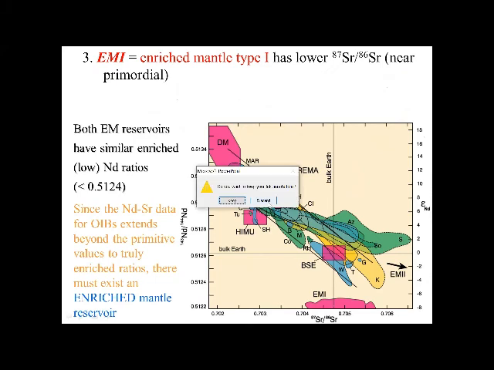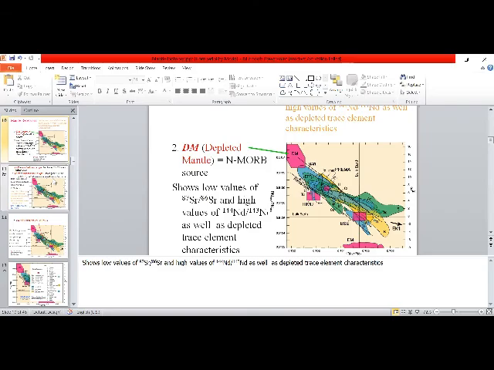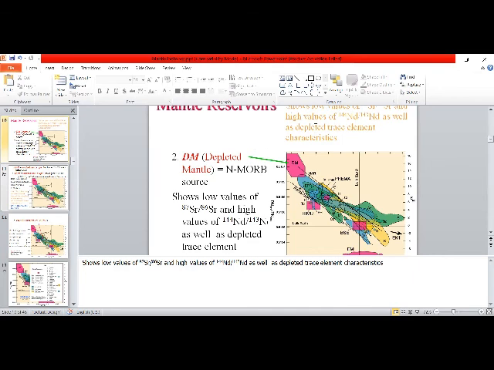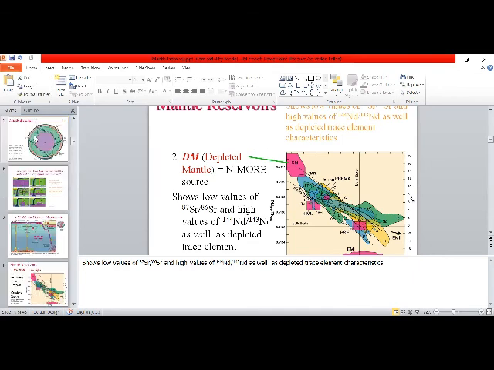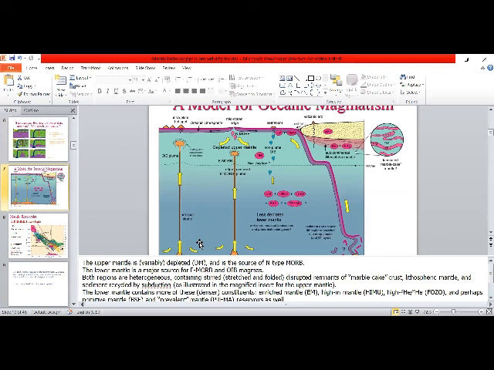I think before moving into the enriched mantle today, because it takes a little bit longer, I want to just summarize today's discussion, because we have to very carefully understand this concept.